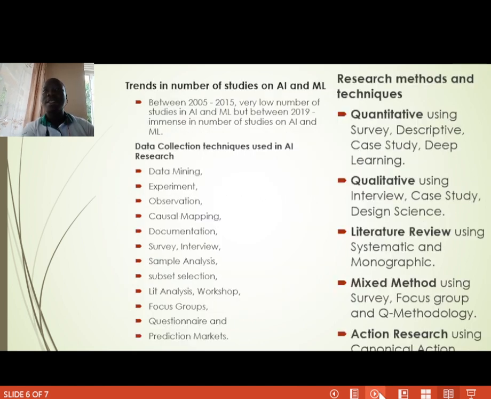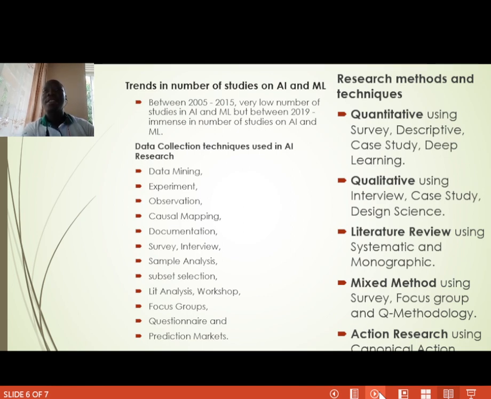Not only that, but a long time ago, there was very little research being carried out in AI and machine learning. That is especially around between 2005 and 2015, but between 2019 and 2020, there is very large research being carried out on AI and machine learning.